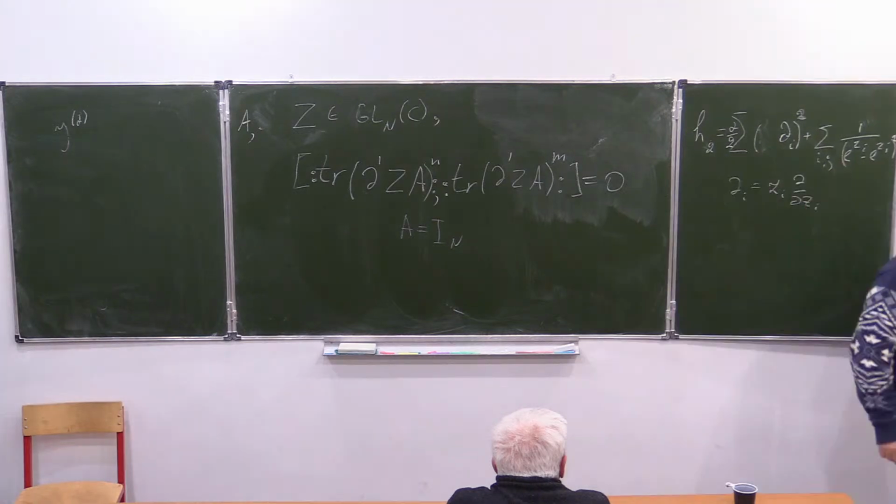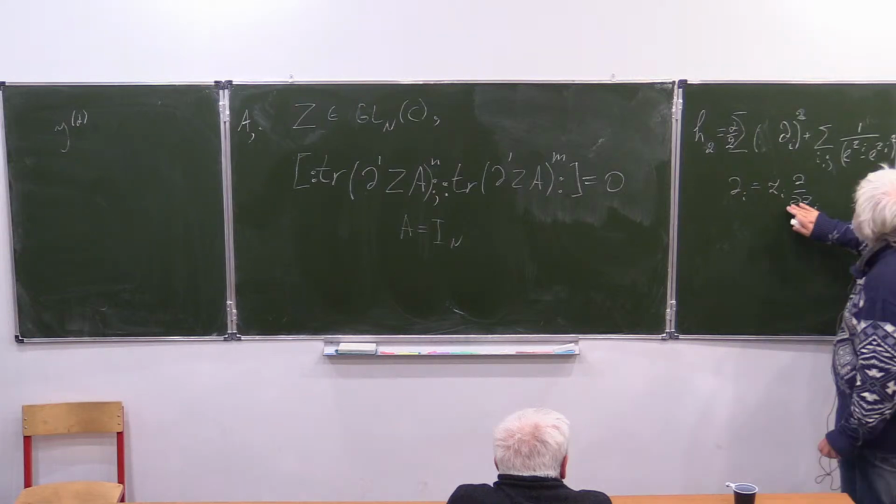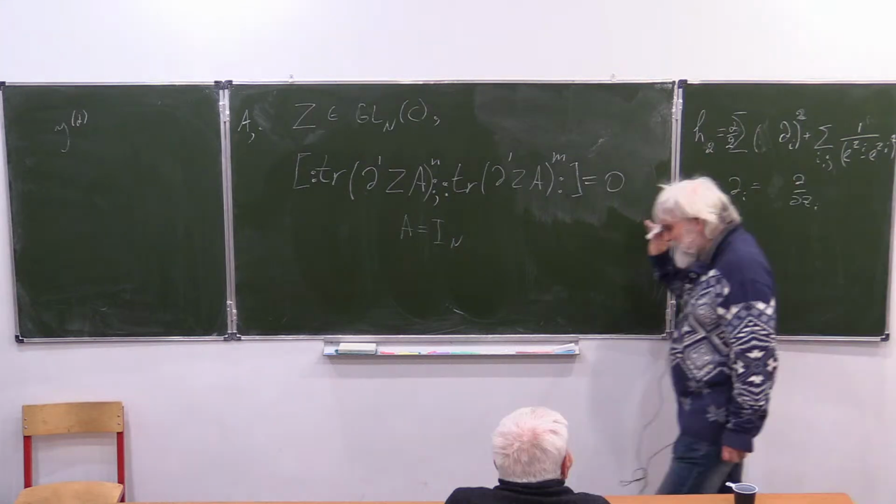So it's just a straightforward quantization of the classical one. You change momenta to the corresponding derivatives. But in the quantum case, there is an important coupling constant here. Actually, I'm afraid that I didn't write it quite correctly.